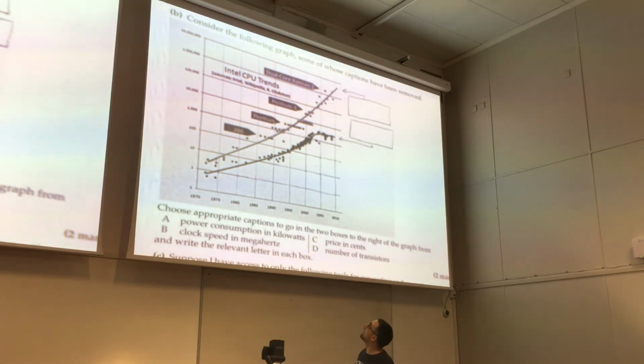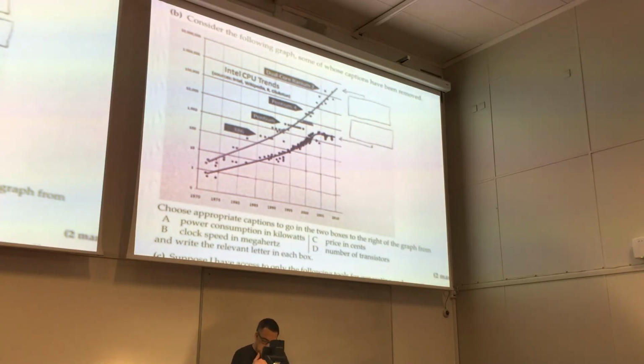And what we have here are two curves that have been drawn. They're roughly straight lines, but remember, because the y-axis is logarithmic, if you see a straight line, that means something's growing exponentially.